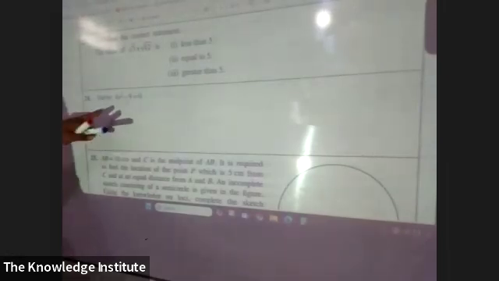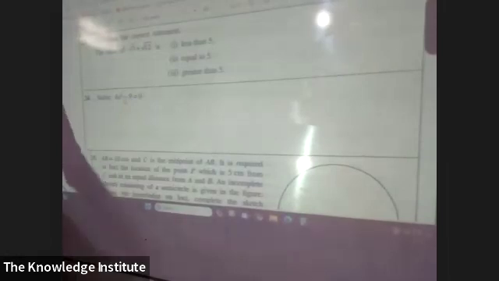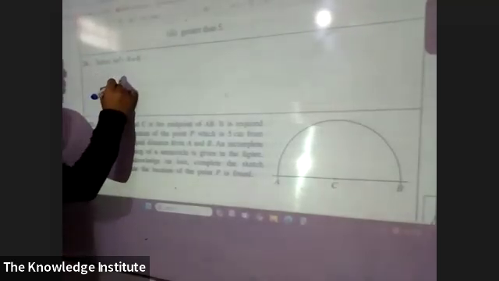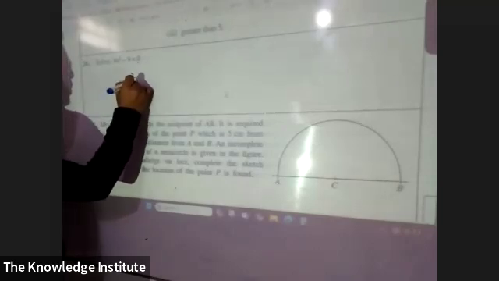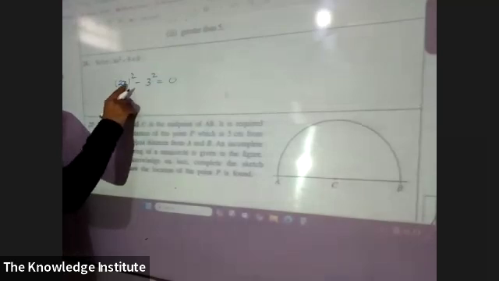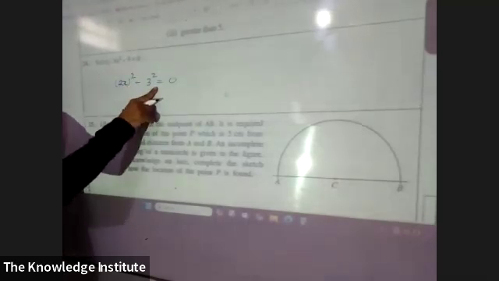Okay, solve 4x squared minus 9 equals 0. How do we do this? You can write that 2x squared, if you square it, you get 4x squared.